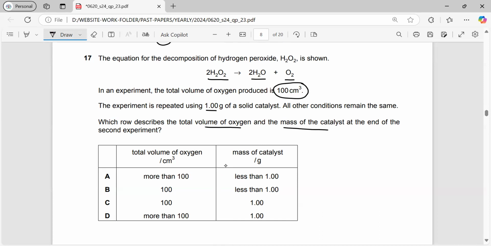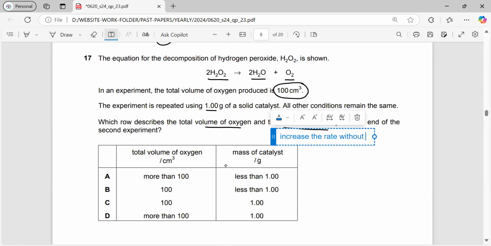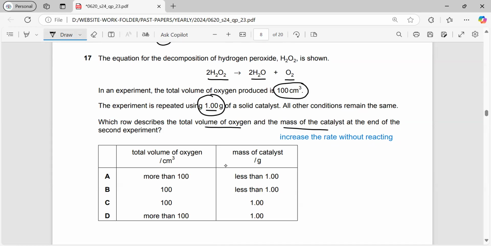Okay, this thing is for sure: the catalyst increases the speed of the reaction without being used up. It increases the rate without reacting. So the catalyst mass will not change in the reaction. If we're adding 1 gram of catalyst, it will still remain 1 gram at the end of the experiment.